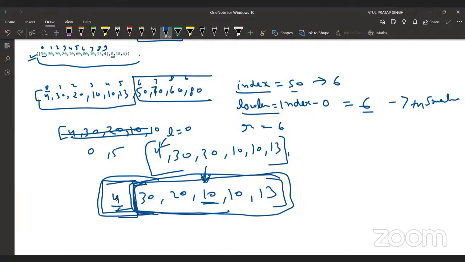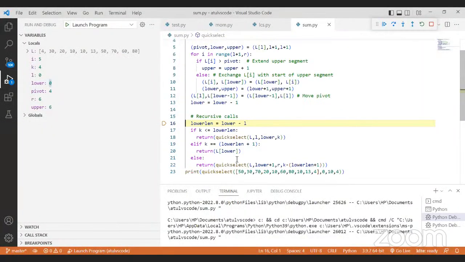Here we are discarding one element before that, so we will reduce our k by the length of this discarded part. You can see in this condition we are reducing k minus lower length plus 1. This lower length plus 1 represents how many elements we are discarding before that. One element we are discarding, so we reduce our k value.